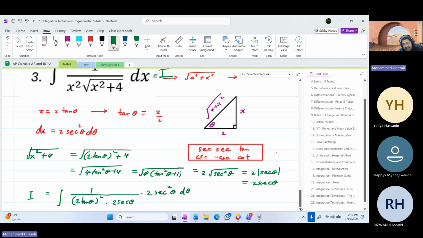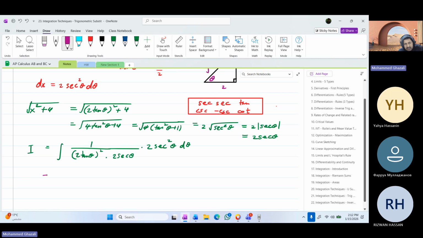Now you'll always have cancellation, right? So we can see the integral is now 1 over 4 times 2, that is 8, tan squared theta times 2 sec theta. Let's just write 4 tan squared theta times 2 sec theta. Oh, we could have just simplified here.